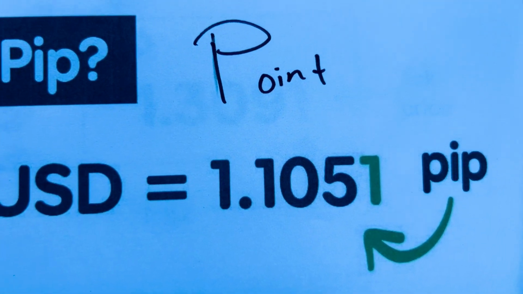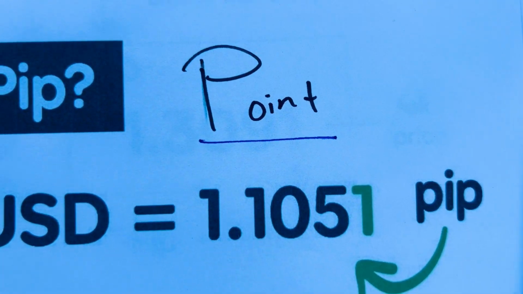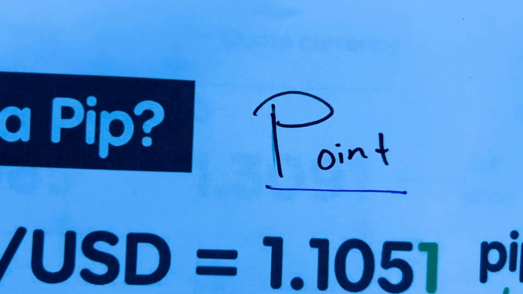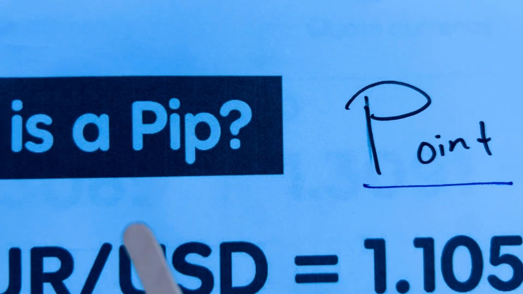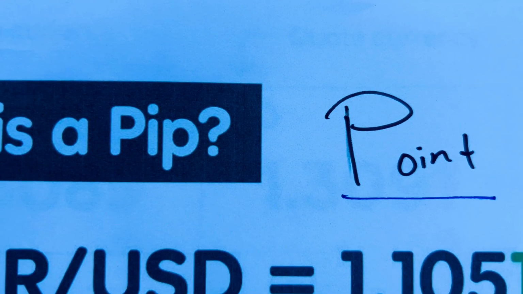Now, a precise way to count is to use points. But to make it easier to understand, we use pips. Let me explain pips so everybody understands.